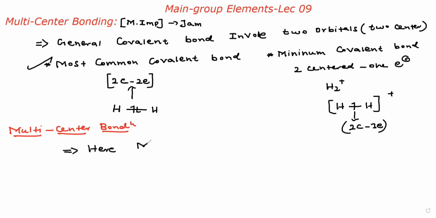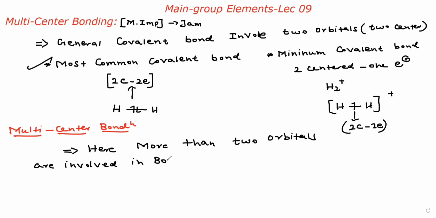More than two atomic orbitals are involved in bonding. If only two orbitals are involved, that is a common covalent bond. More than two orbitals is called multi-center bonding.